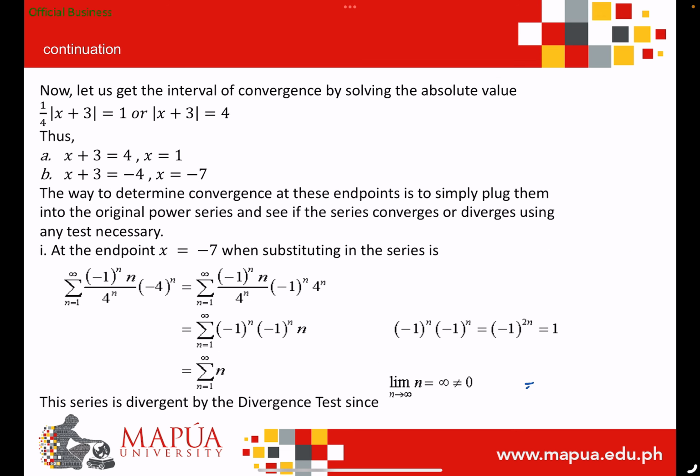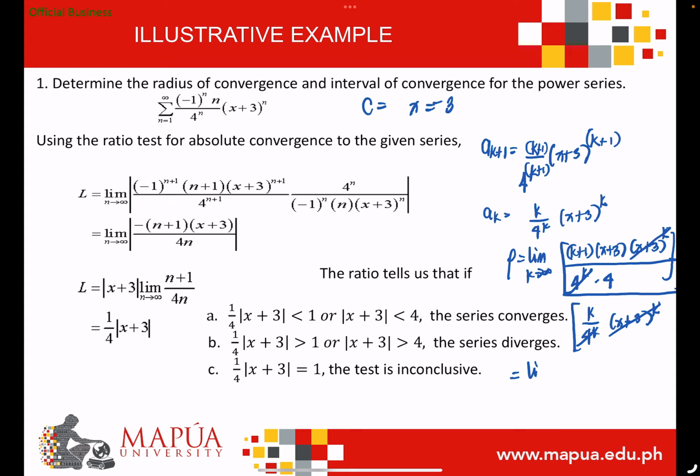So we have the limit of k plus 1 over k times the absolute value of x plus 3 all over 4. We are going to evaluate the limit as k approaches infinity, so this would be k plus 1 over 4k as k approaches infinity.